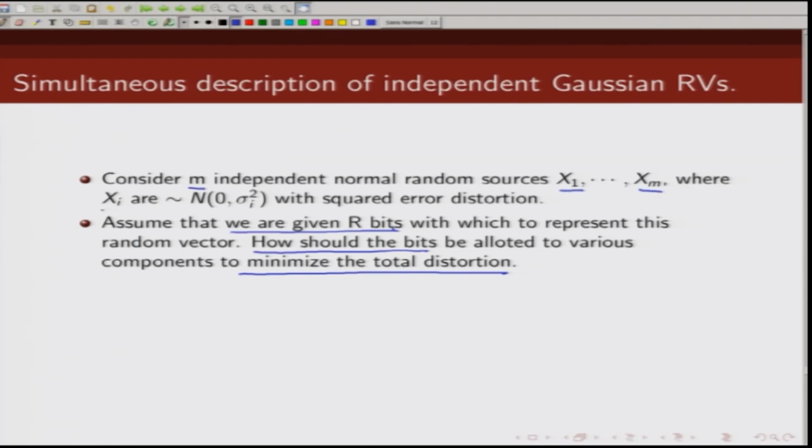These are independent but not identically distributed, and we are considering the squared error distortion measure. So given there are r bits, the question is how many bits should be used to represent each of x1 through x m, such that overall distortion is minimized.